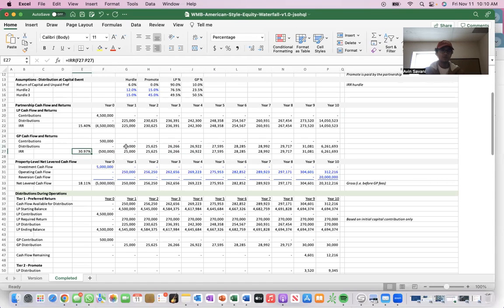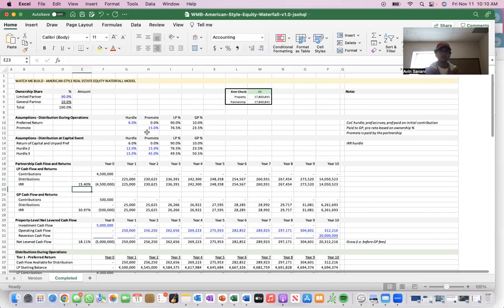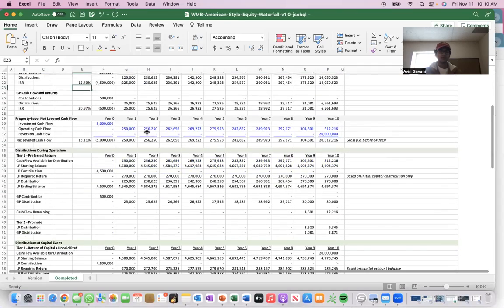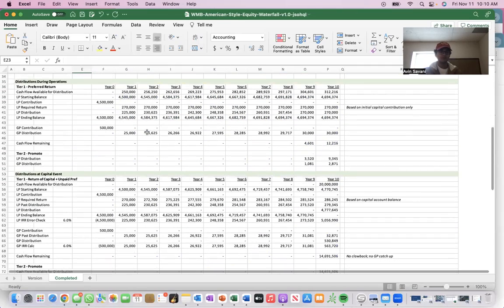So I'm assuming the internal rate of return for the LP and GP is different. This is essentially taking what their distribution cash flows are, right? And then this is taking what the LP's contributions are. So it's actually not going as far as what the actual project internal rate of return is.